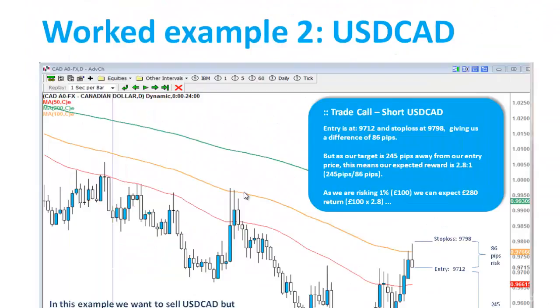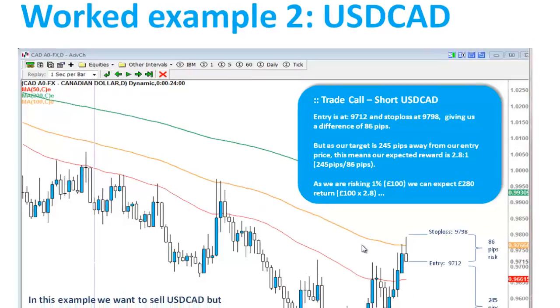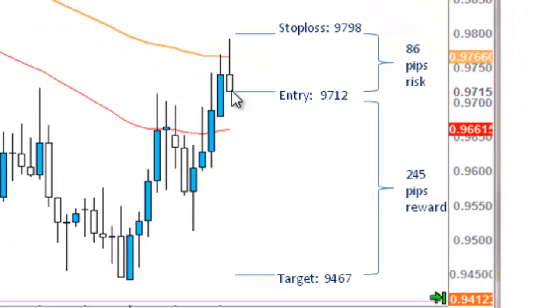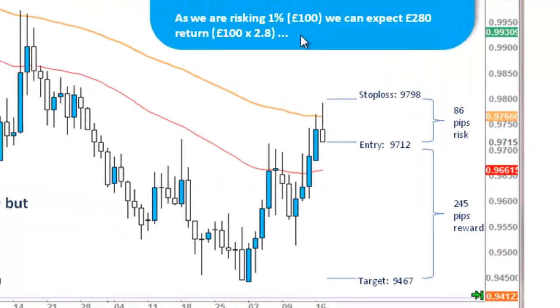So let's look at dollar CAD, affectionately known as the loonie. And we can see, again, we've got a test bar or a pin bar, whatever you like to call it, here. The 100 moving average, we've got our entry at 97.12 and our stop loss at 97.98, giving us a difference of 86 pips between our entry and our stop loss.